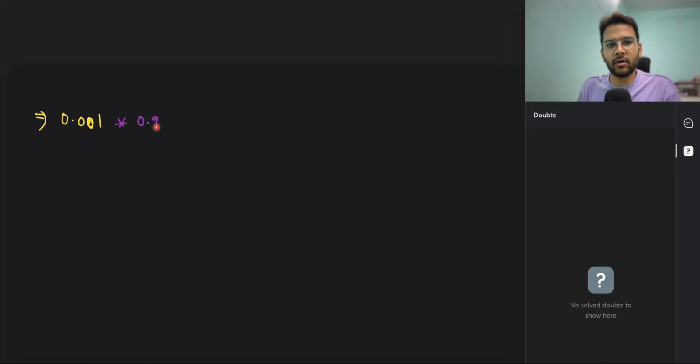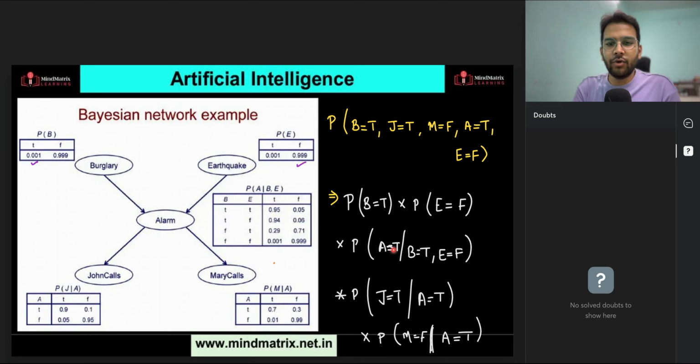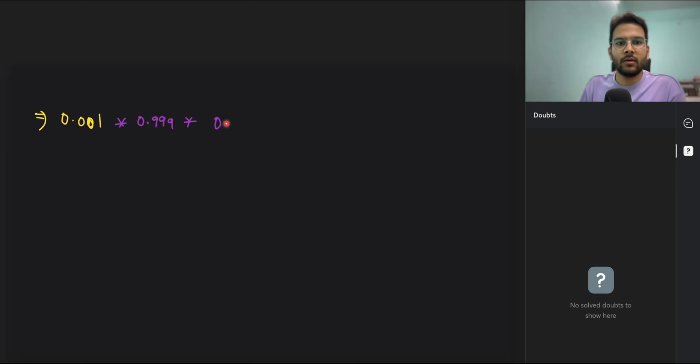You can just verify your answer also. Probability of A is true given B is true, E is false: B is true, E is false, second row, and A is true. So 0.94.